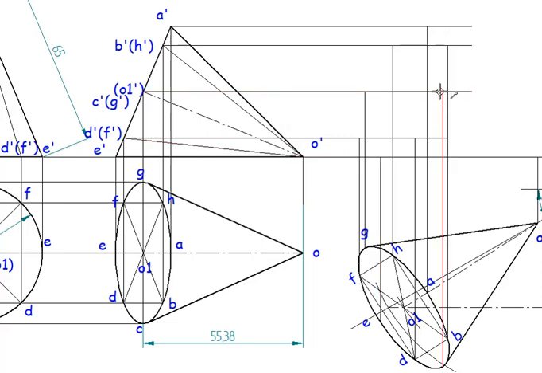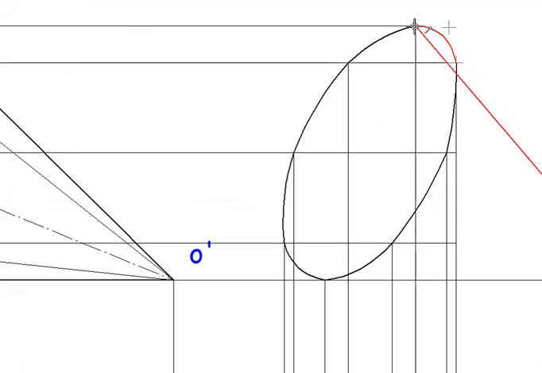So somewhat like this. From here it should be tangent, not to this point, it should be tangent.